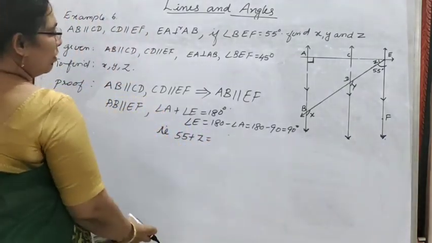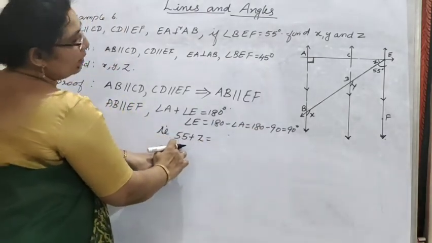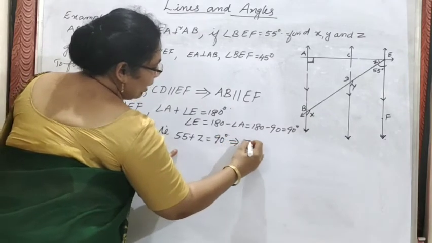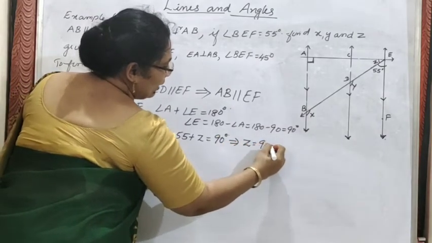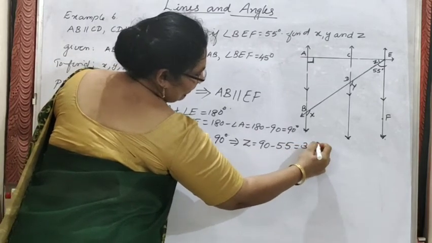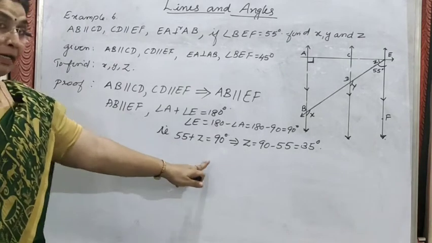I am wrong here. For angle E, which is 90 degrees, 55 plus Z equals 90 degrees only. This implies Z equals 90 minus 55 equals 35 degrees. Right? So not 180, I was wrong here.